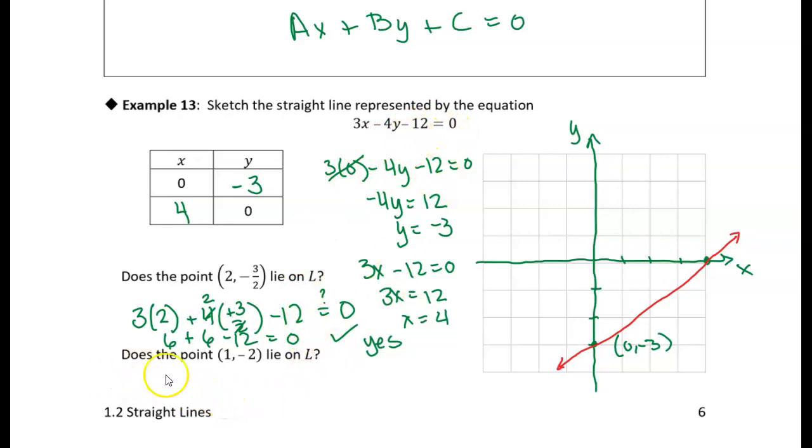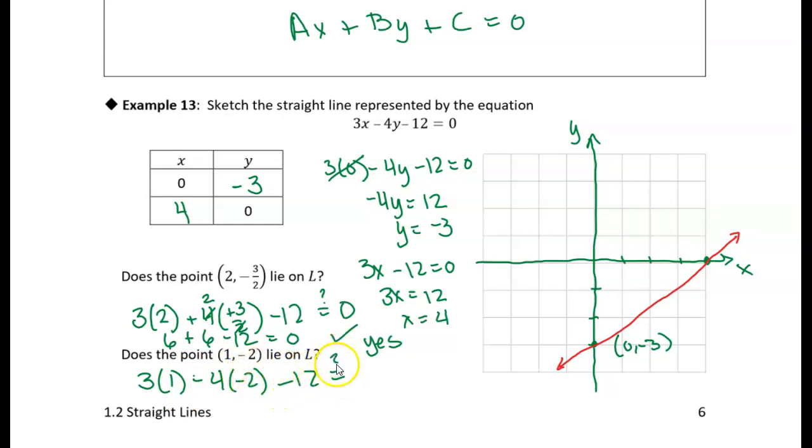Okay. Now let's check this other point. We have this other point, 1 comma negative 2. Does that lie on the line? Well, I can just put the values into the equation and test it to see if this point satisfies the equation. So the x value is 1, so 3 times 1, and then I have minus 4 times negative 2 minus 12.